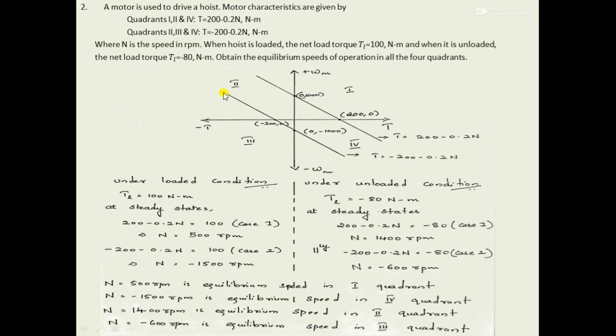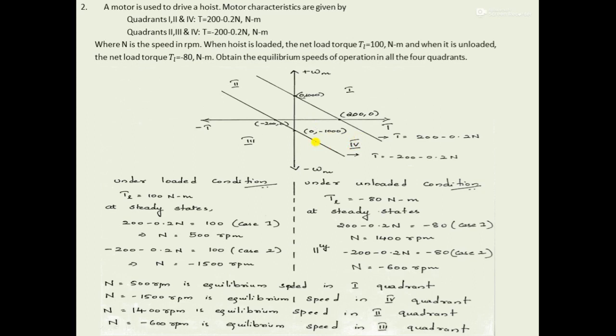When the motor is in the second mode of operation, that is when the motor is possessing this characteristics, and if the load torque is 100 Newton meter, then the operating point will be somewhere over here. That will be the fourth quadrant of operation under loaded condition.